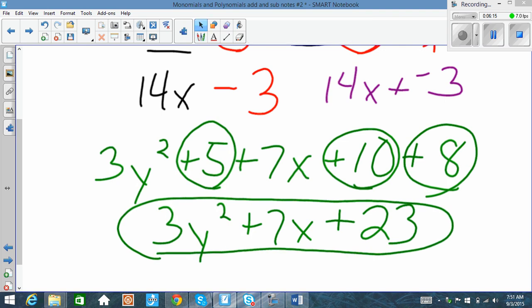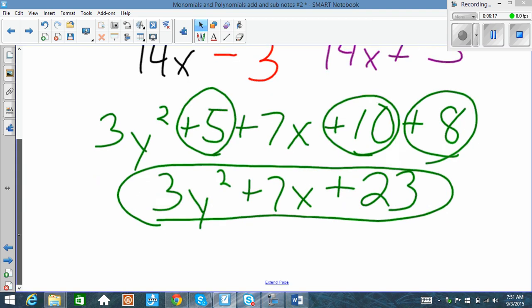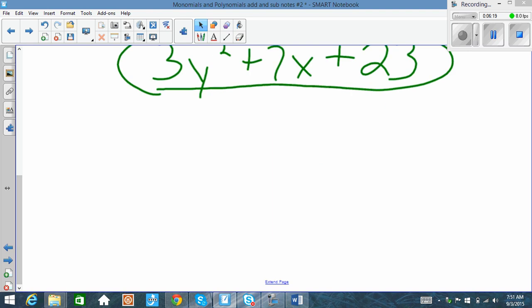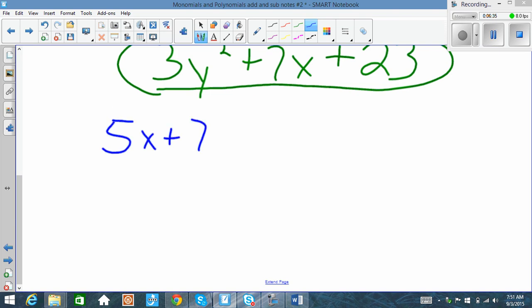Okay. Now, another example would be if we had parentheses. So let's take the original one we had earlier, and I'm going to put parentheses around both of those from the first one. And we will see that sometimes you have to distribute the polynomials.